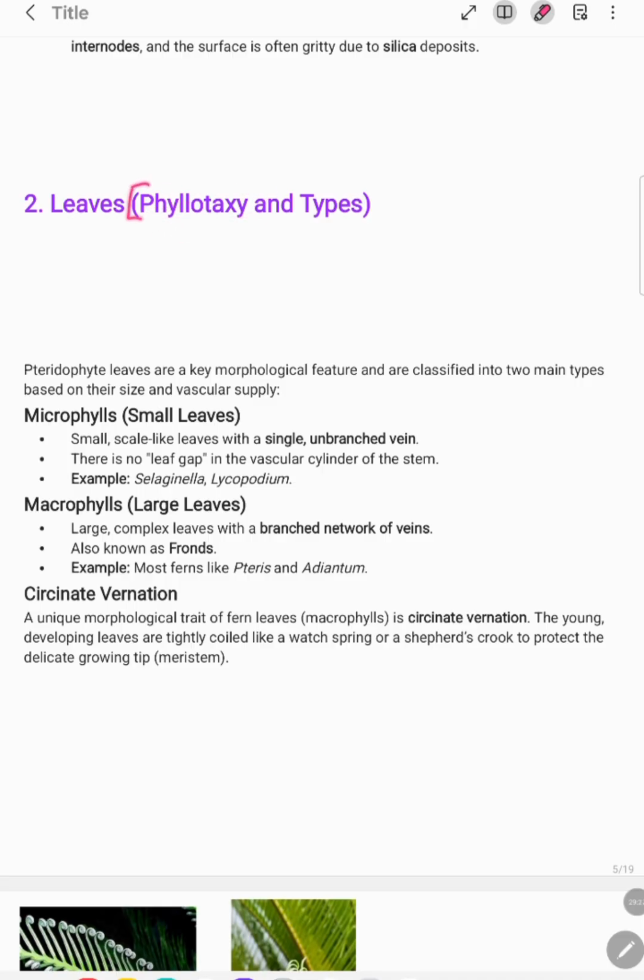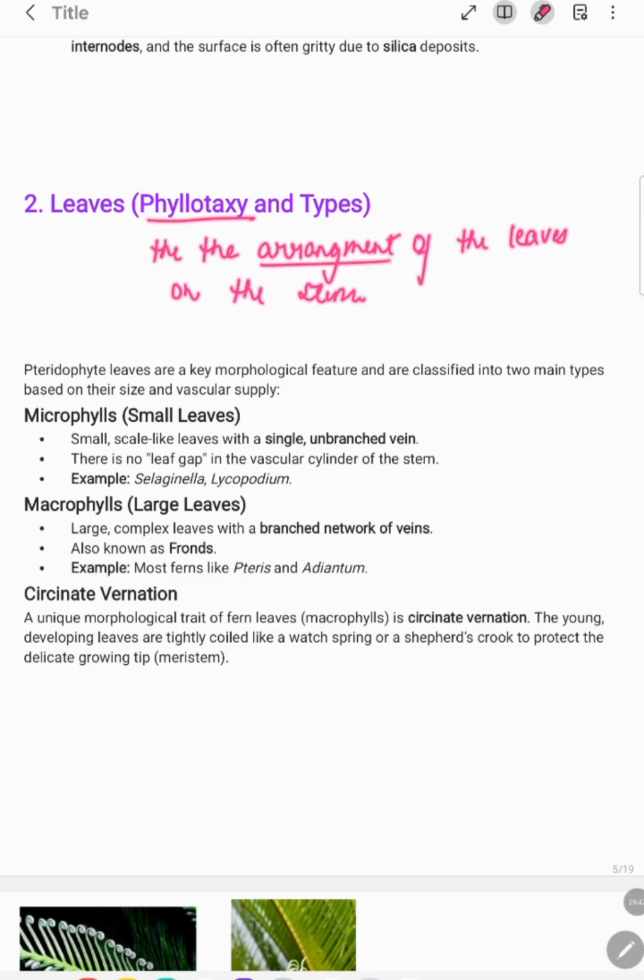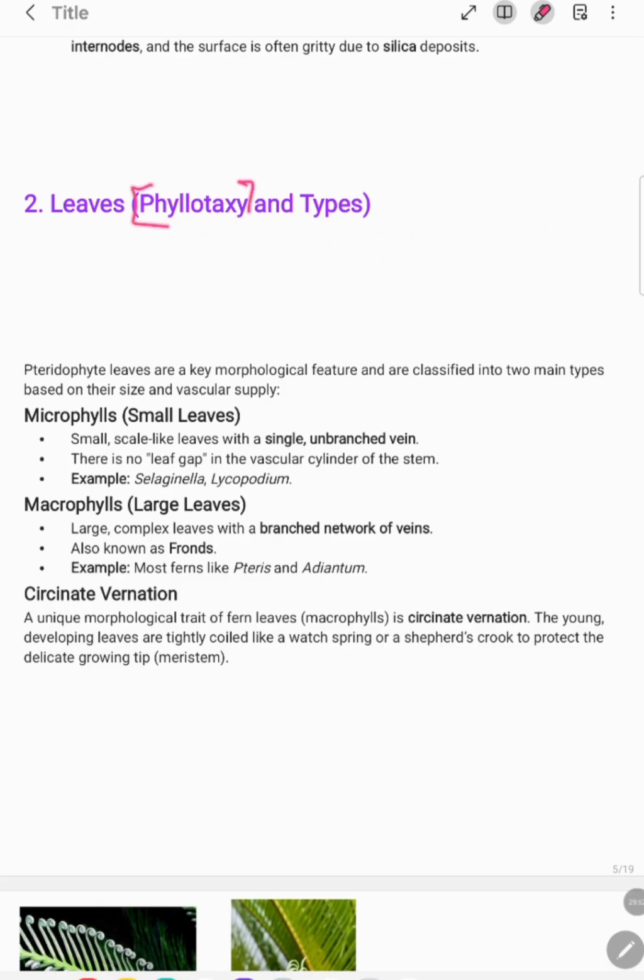So what does the term phyllotaxy refer to? See, the phyllotaxy is the arrangement of the leaves on the stem. Okay, how the leaves are arranged on the stem refers to the phyllotaxy.